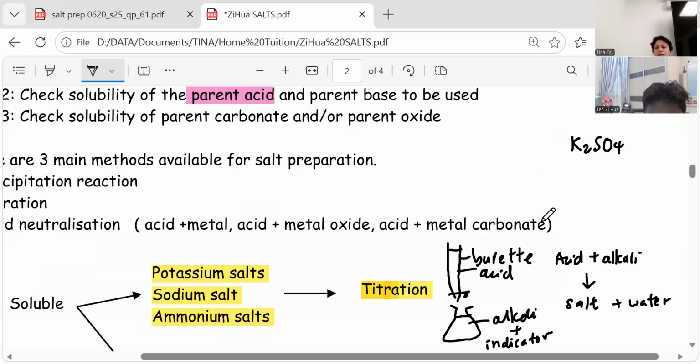Okay, so titration is acid plus alkali. Can you tell me the acid to make potassium sulfate? Sulfuric acid. Okay. What is the alkali to make potassium sulfate?